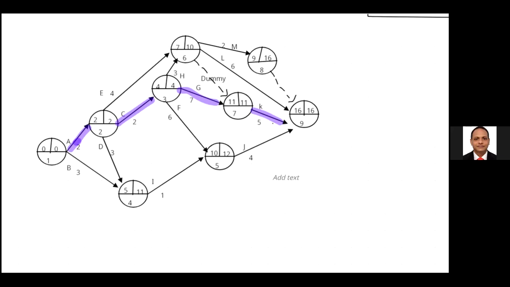Then the question asks, can B and D be delayed? Yes. B and D can be delayed because they are non-critical activities.